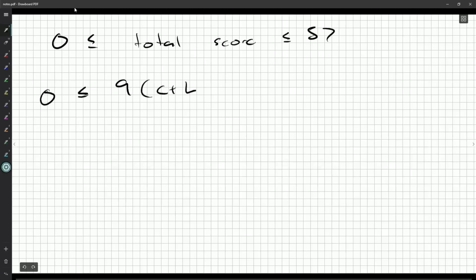Well, I know total score is between 0 and 57. I remarked that early on. And C plus E is at least 0, so actually I can say this is at least 10.